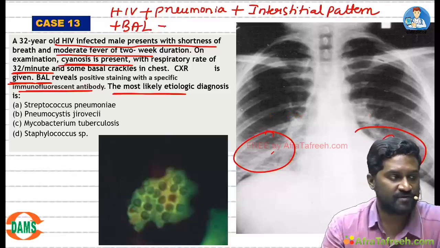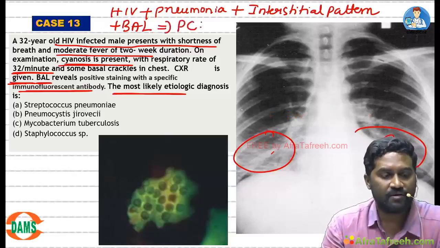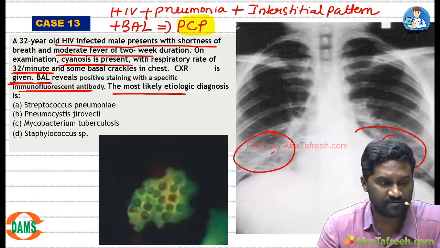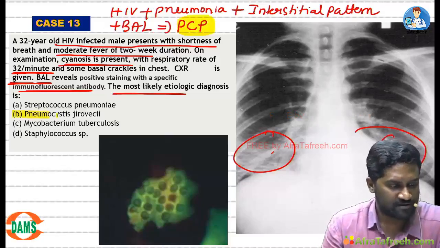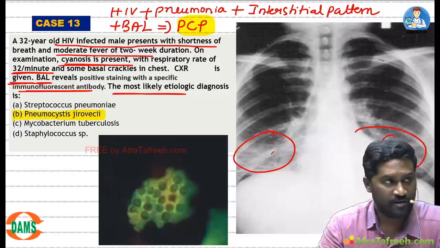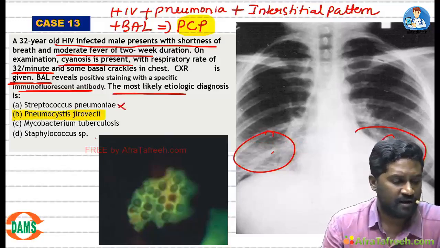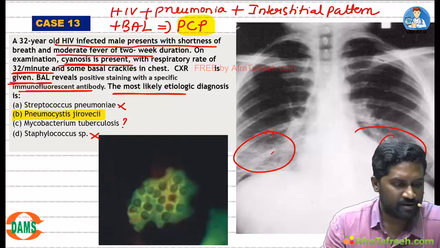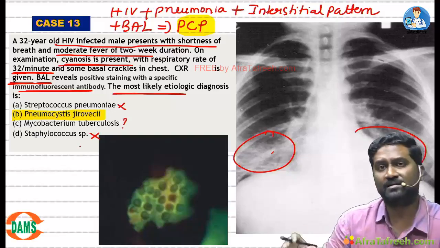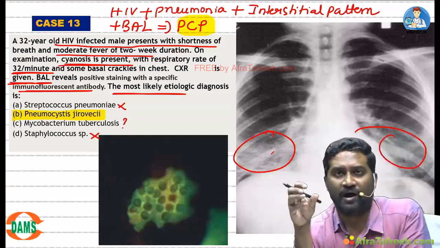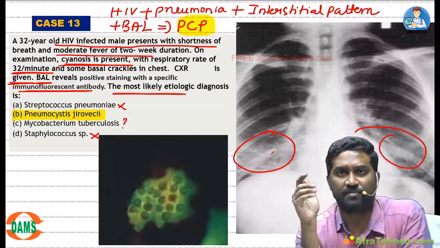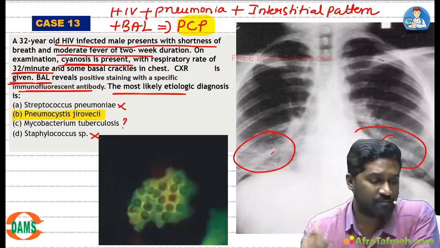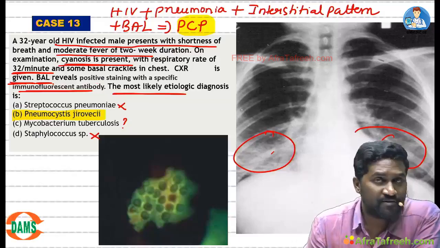That too immunofluorescent antibody. All these are suggestive of pneumocystis pneumonia. So the best answer is pneumocystis pneumonia. So why is it not streptococcus? Because streptococcus and staph will not have this interstitial pattern. Why can't it be mycobacterium? Mycobacterium can also occur with some interstitial pattern in very severe HIV, but for mycobacterium we do not do any immunofluorescent antibody.